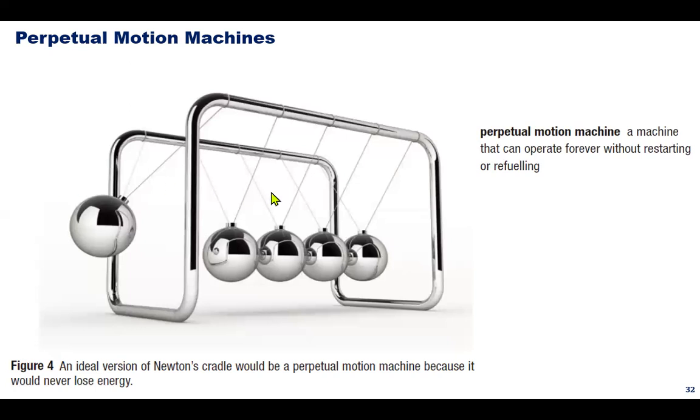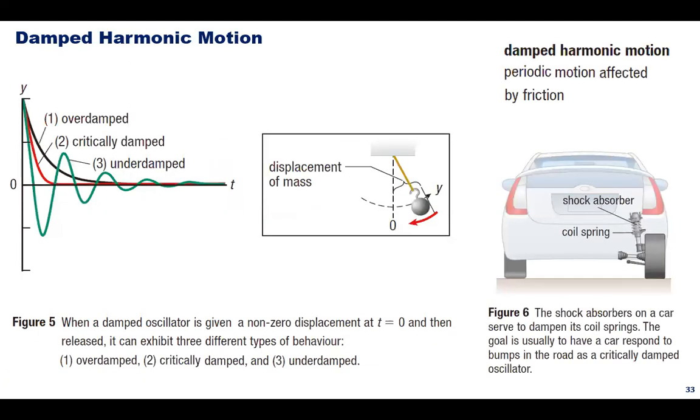Okay, so let's have a look at the related concept, which is called damped harmonic motion. So far we have ignored the effect of friction on the motion of simple harmonic motion, right? The friction in a real periodic system is referred to as damping, and the harmonic motion of a system affected by friction is called damped harmonic motion.